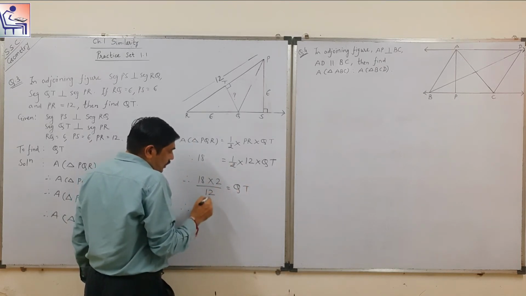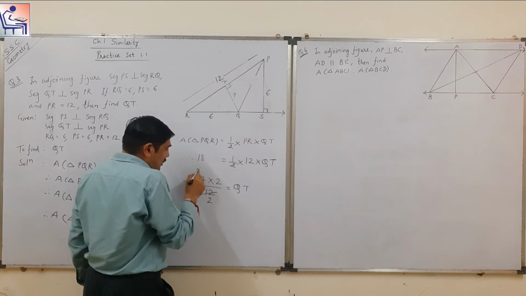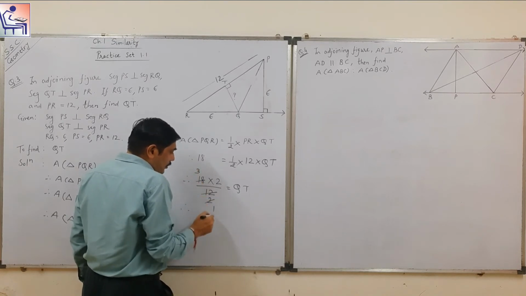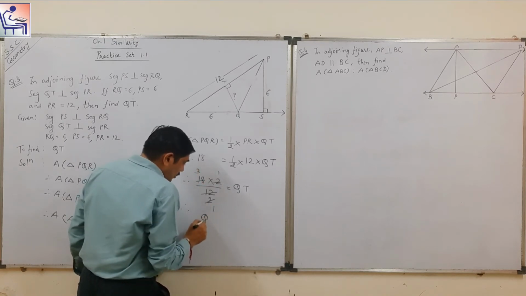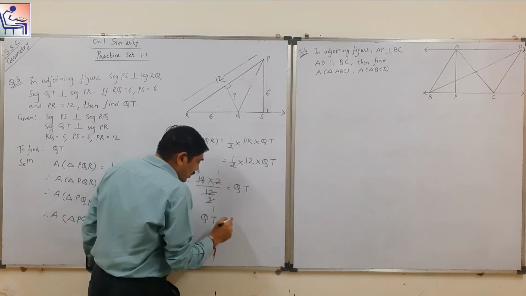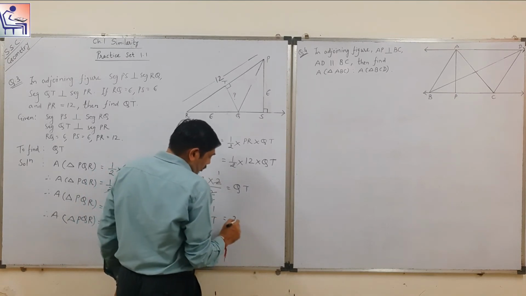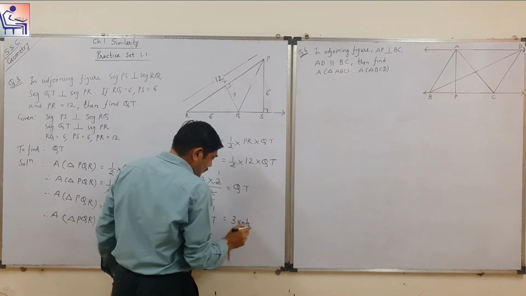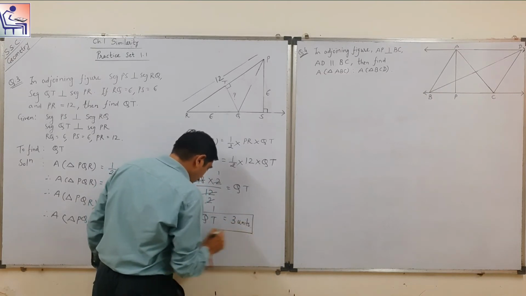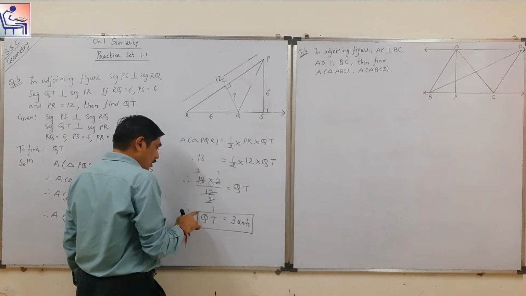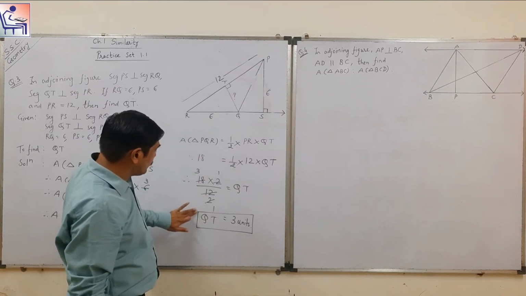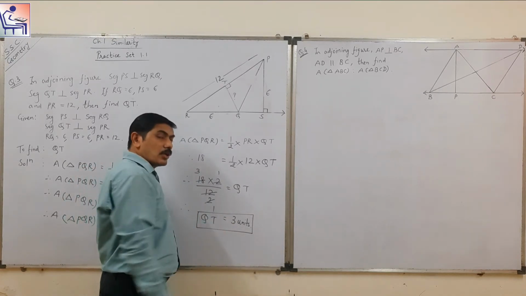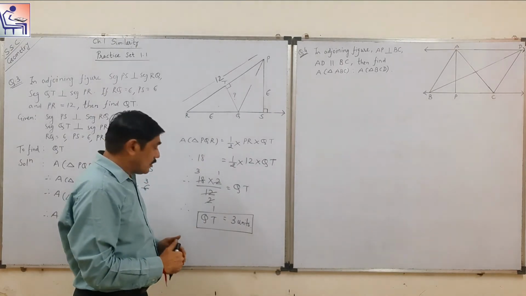Now you know that 6 2s are 12, 6 3s are 18. And 2 also cancel, so QT is equal to 3 1s are 3 units. Here we got the final answer. QT is equal to 3 units.